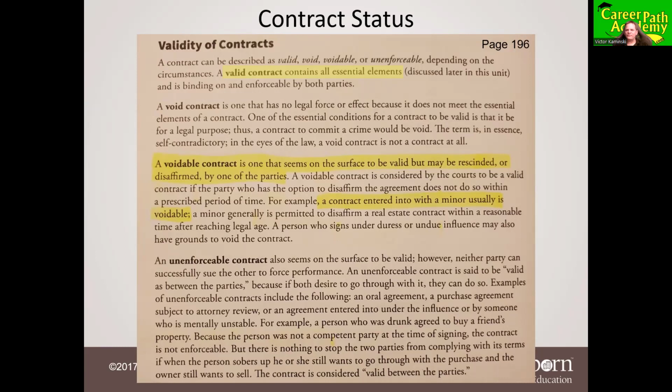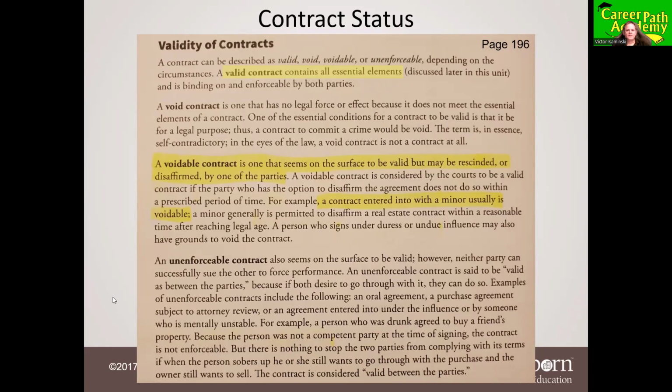They were both under the influence. You can't enforce a contract against somebody who signed it when they were drunk or high or incompetent, not of sound mind. They have Alzheimer's, dementia, right? You can't enforce a contract against these people. They're not of sound mind. You guys got these highlights down?